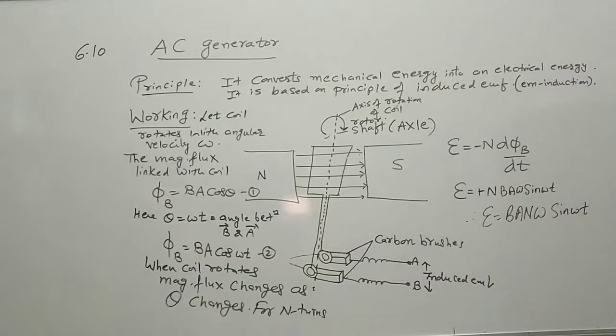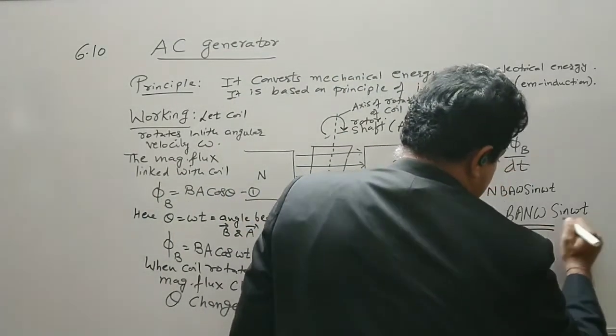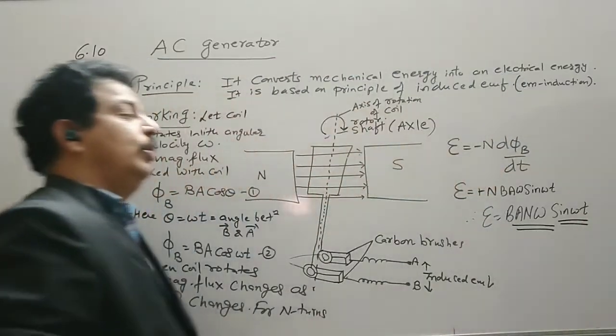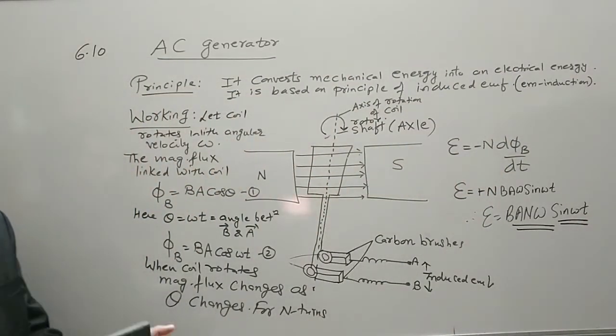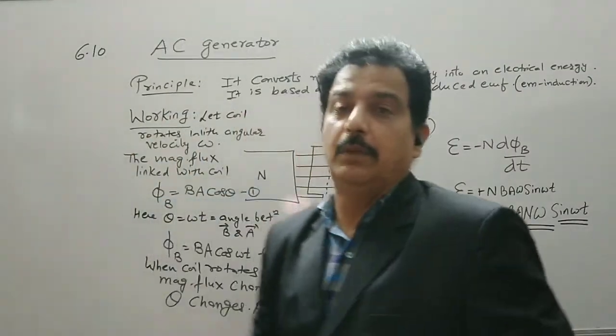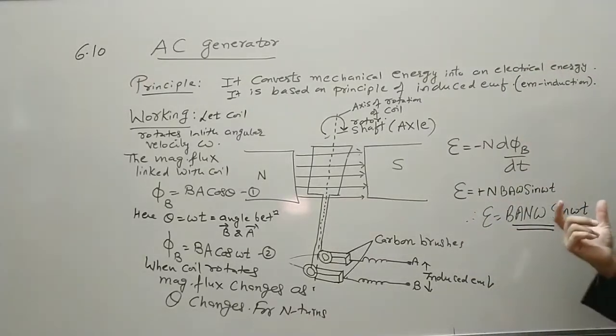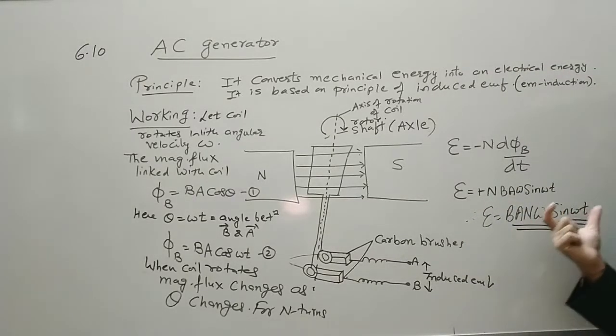And if you see the equation, BAN and omega are constant. This is a constant term. Sine oscillates between plus 1 and minus 1, so the maximum and minimum value of sine is plus minus 1, and therefore this value becomes the maximum value of EMF induced.